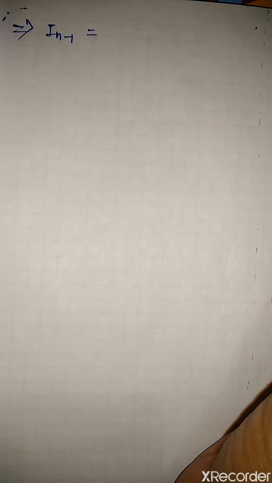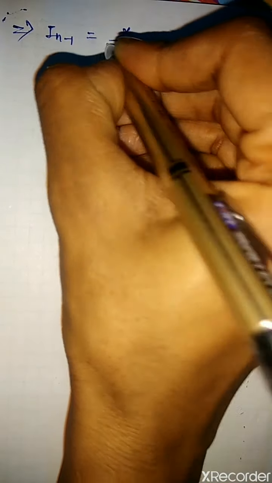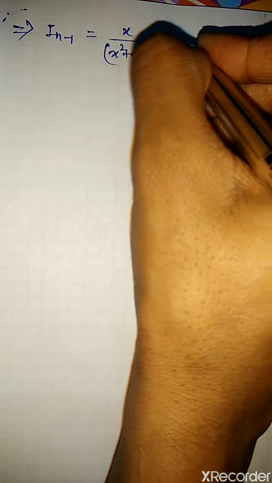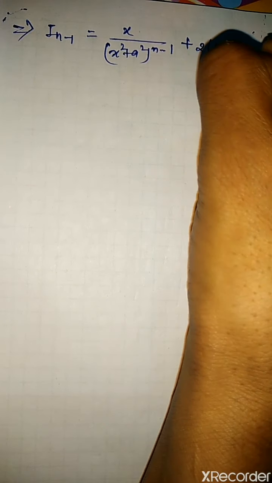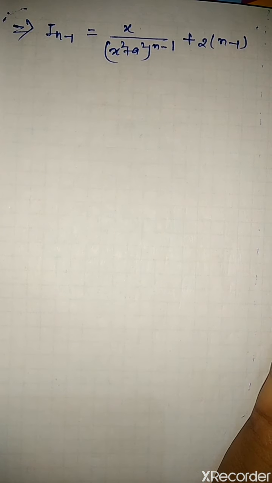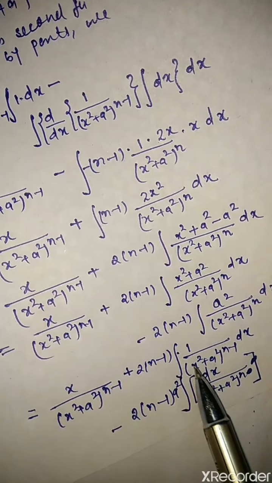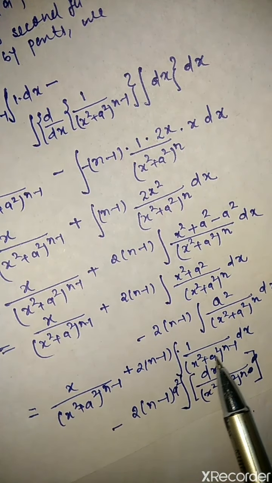So this implies I_(n-1) equals, the first thing is x divided by x square plus a square whole to the power n minus 1, and then we have plus, first is 2 times n minus 1, and here we can write the function this one, 1 divided by x square plus a square whole to the power n minus 1 dx as I_(n-1).